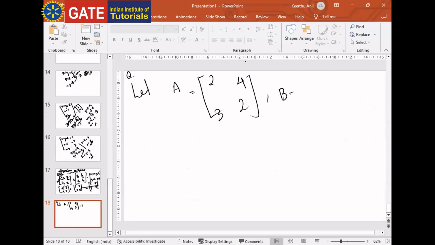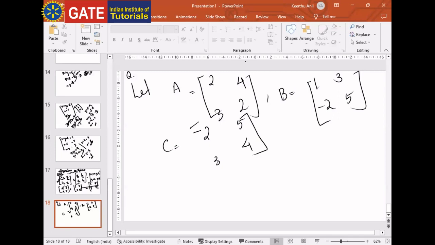Comma, B equals 1, 3, minus 2, 5. C equals minus 2, 5, 3, 4. Wrote under this.